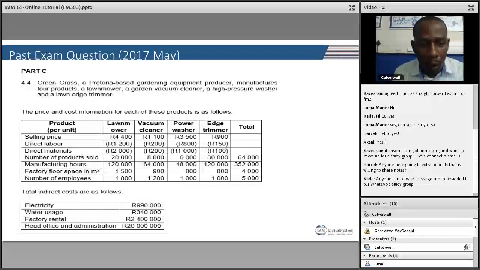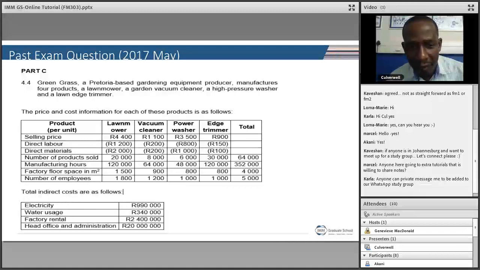I'll also move on to the same electricity cost for vacuum cleaner. How many manufacturing hours did we incur in producing the vacuum cleaner? 64,000. Multiplied by the cost per manufacturing hour, 2.8125, gives you 180,000.